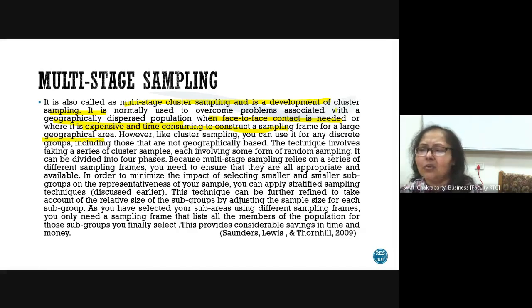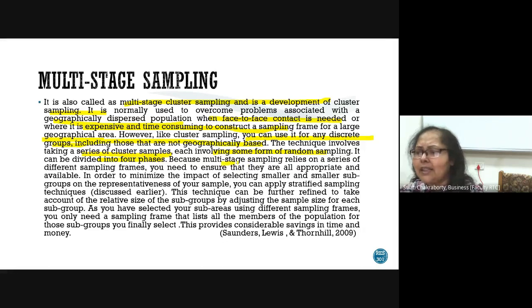But unlike cluster sampling, you can use it for any discrete groups, including those that are not geographically based. This technique involves taking a series of cluster samples, each involving some form of random sampling, which can be divided into 4 stages, right?